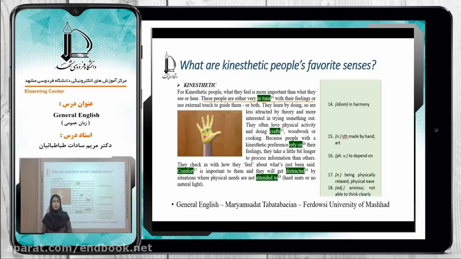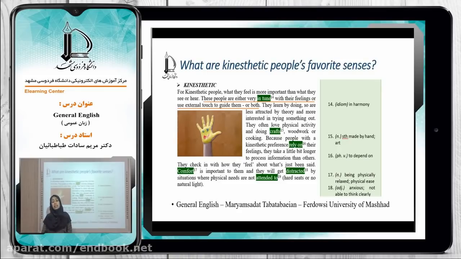Look at this line. It says, these people are in tune with their feelings, or use external touch to guide them, or both. What is the meaning of in tune? It means they can use it very well. What can they use very well?